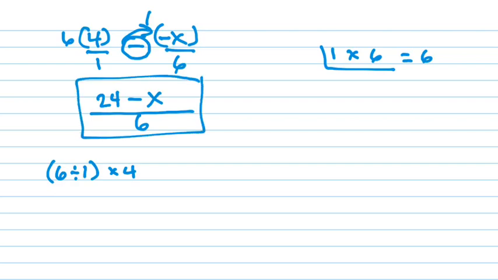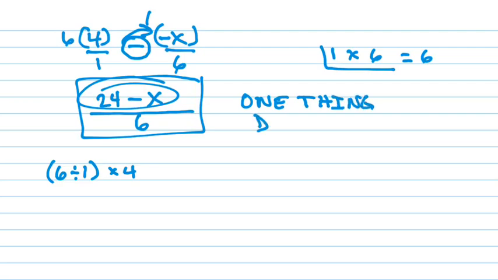Can I simplify that 24 and that x? No, because my numerator is not a 24 and an x. It's 24 minus x. This is one thing. Right? Do not simplify it.